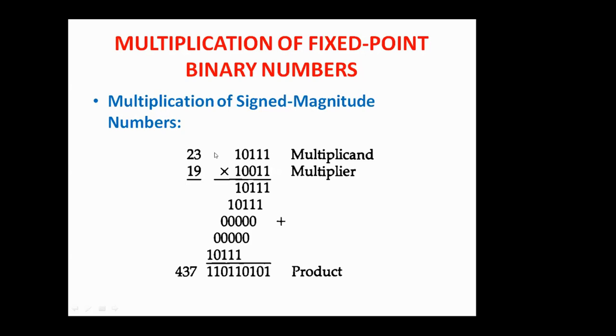There will be an extra bit for sign. And this is 19, the magnitude of 19 here, and there will be an extra bit for sign. In this example, we are supposing that it is only a 5-bit number here. It can be of 7 bits or even more.